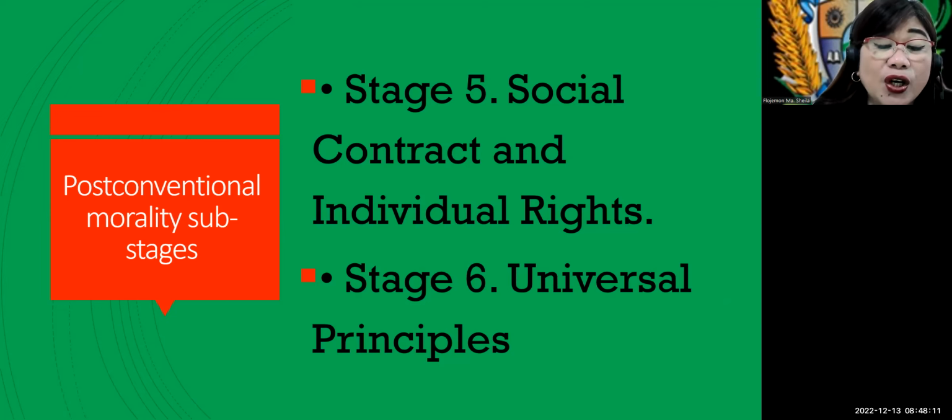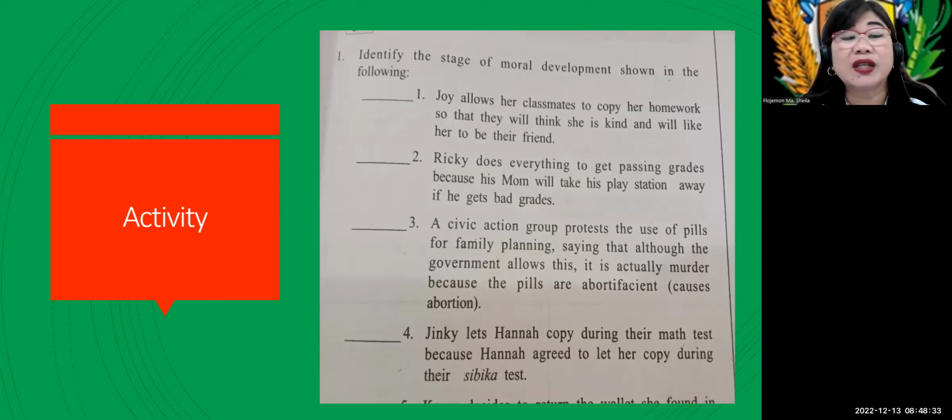The person will be prepared to act to defend these principles, even if it means going against the rest of society and having to pay the consequences of disapproval and or imprisonment. Kohlberg doubted few people reach this stage. Okay, so that is all for Kohlberg.